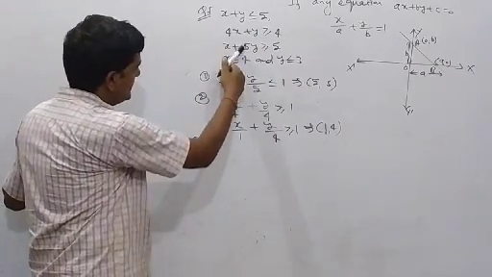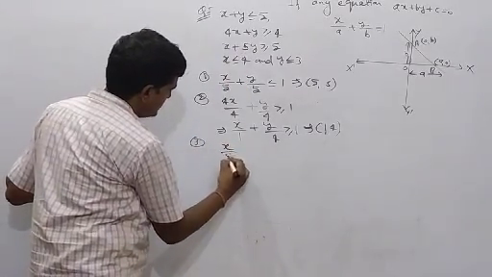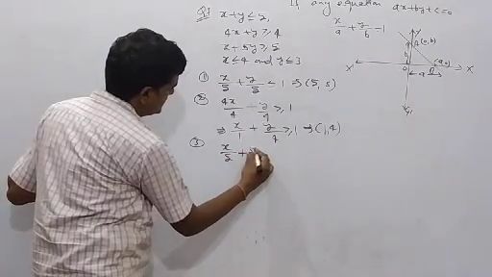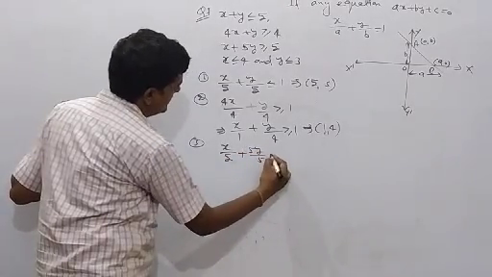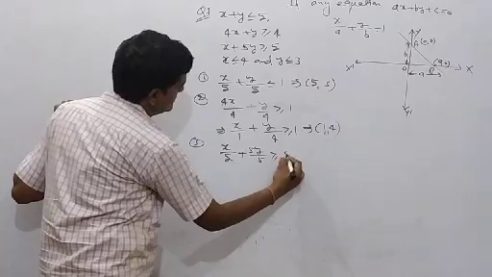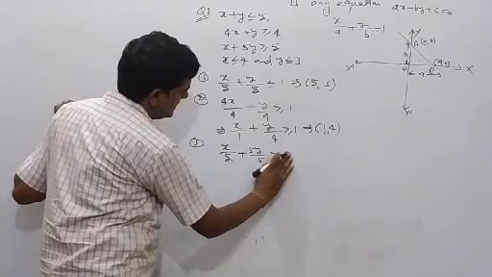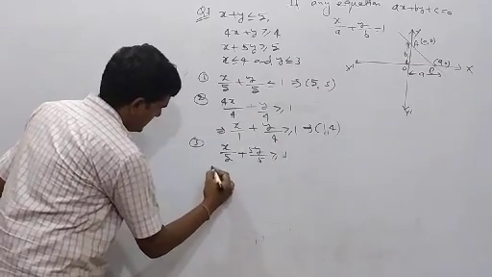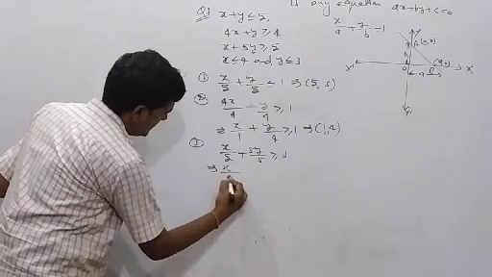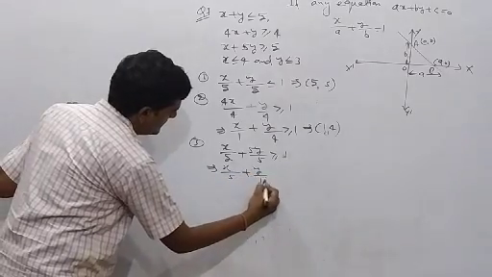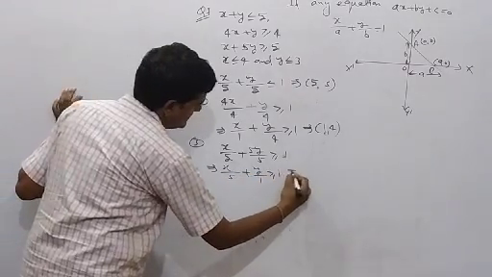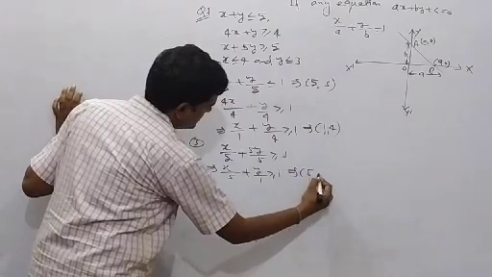And equation number 3 is x by 5 plus 5y by 5 is more than or equal to 5 by 5, which is 1. After that, x by 5 plus y by 1, meaning this is 5 comma 1.